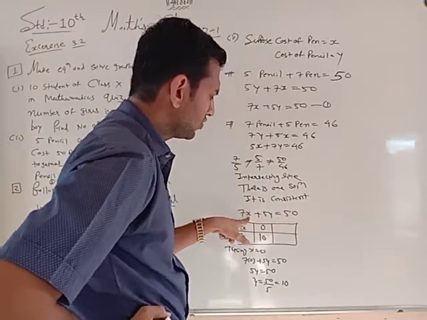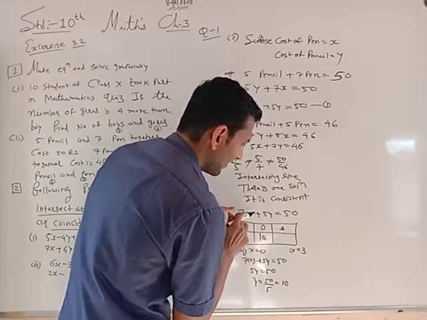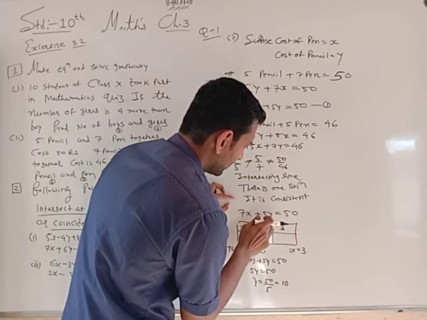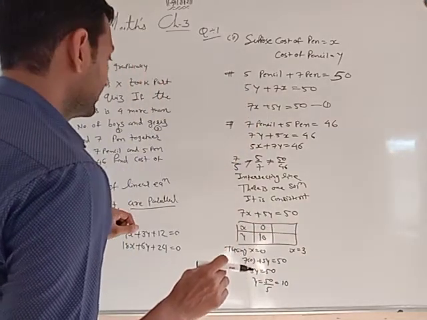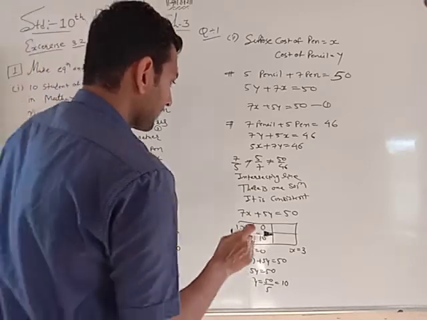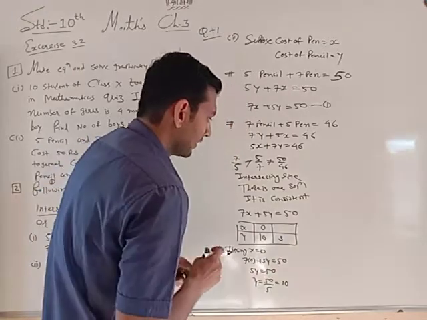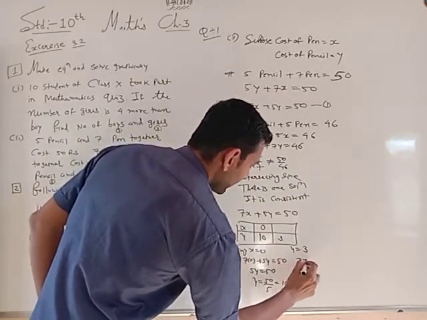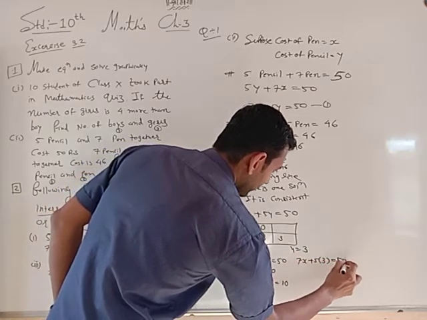Take y is equal to 3. Then you get 7x plus 5 into 3, which is 15, is equal to 50.